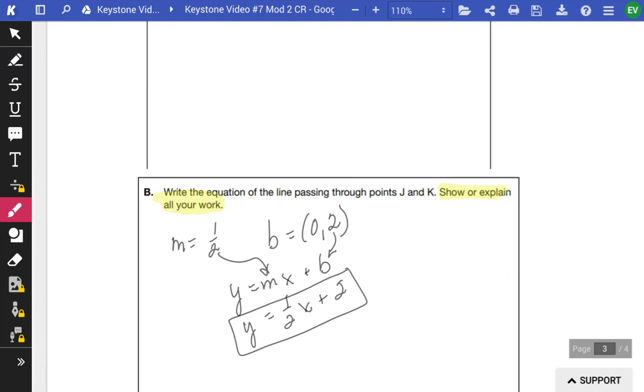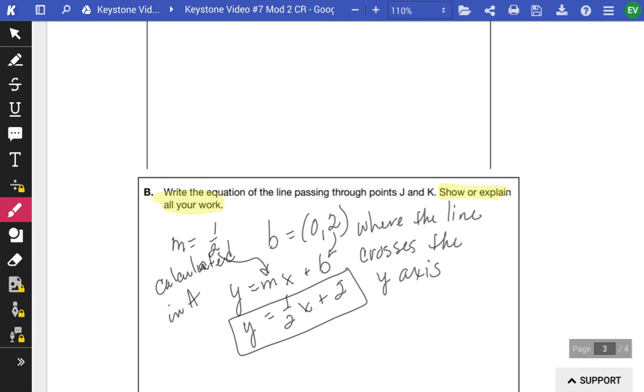So slope, you could say something is calculated in A, and for your y-intercept, you can say where the line crosses the y-axis. Okay, so that might be enough to at least get you some points there. Okay, make sure that you follow the directions carefully.